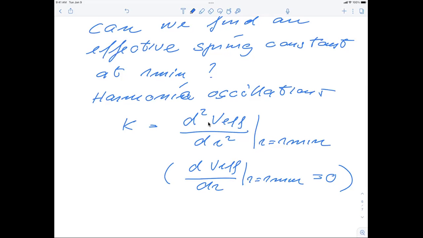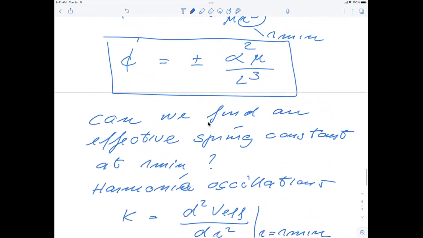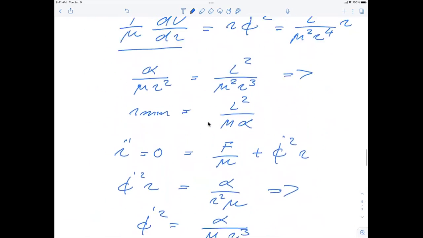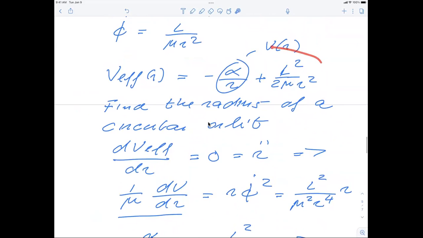Now, if we look at the force and go back to the derivatives we had, we know that the first derivative is given by the equation which you see here. This is the first operation we did. What we are going to do now is simply to take the second derivative of this quantity. And that second derivative, when we plug in the value for R min, is going to define this spring constant in a harmonic oscillator picture.